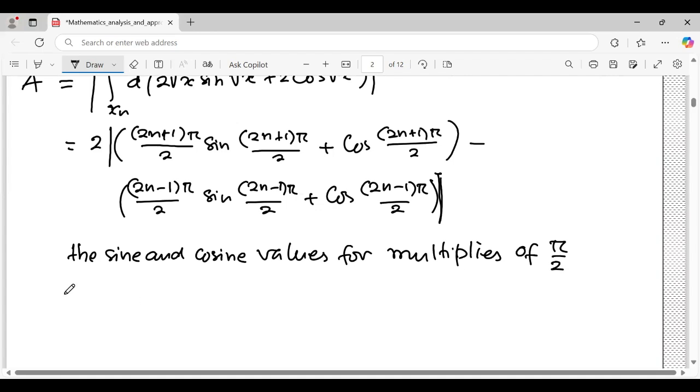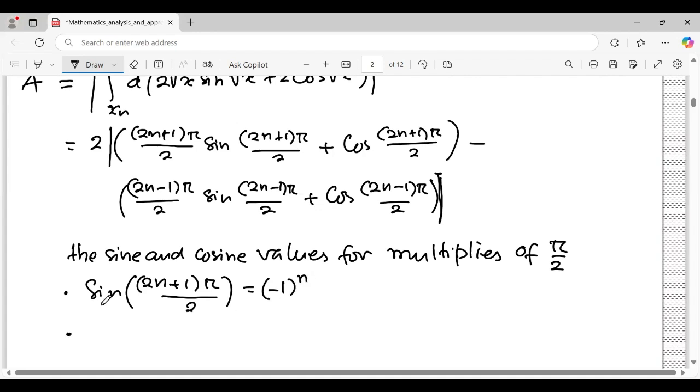Okay. First, for sine 2n plus 1 pi half, okay, this is pi half. The result is minus 1 power n.